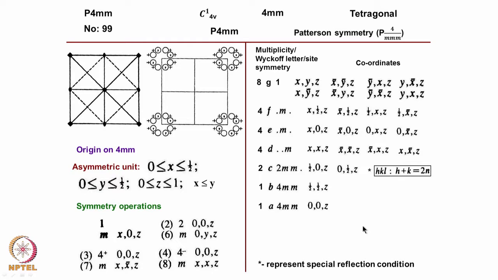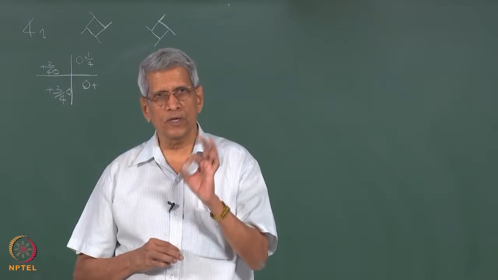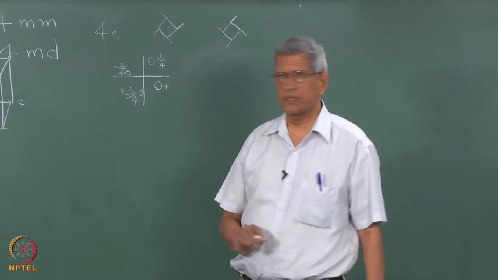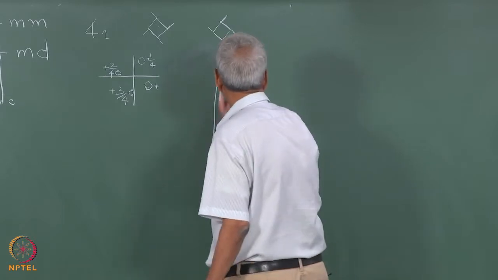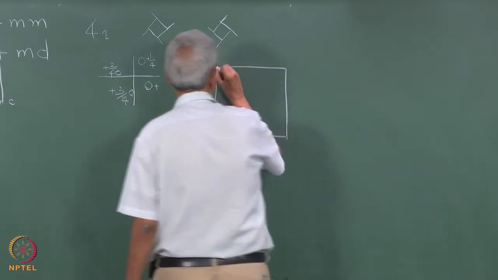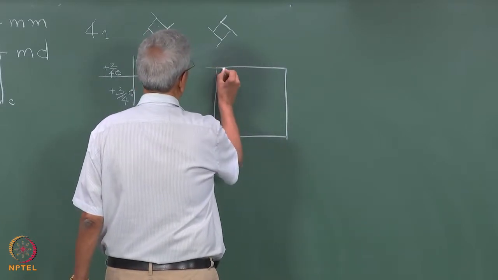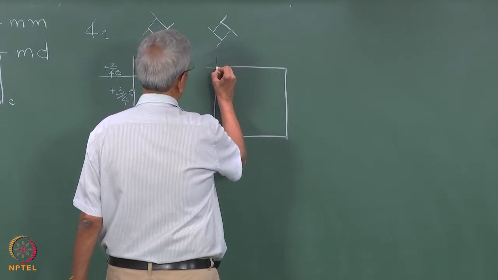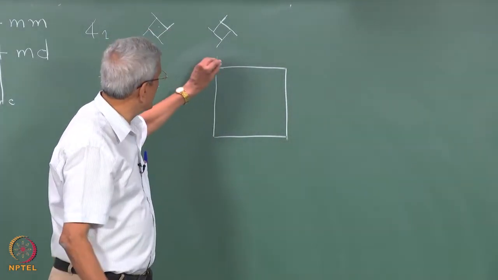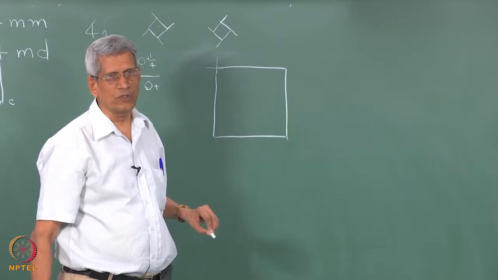Now we'll just look at if a crystal has a P4mm symmetry. 4mm is the point group which is associated with the lattice, correct? So if you take a lattice like this, okay, the first thing which you should have is around this axis a fourfold rotation which is associated with it, correct?